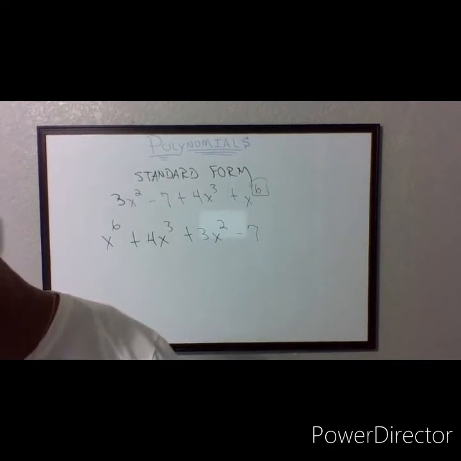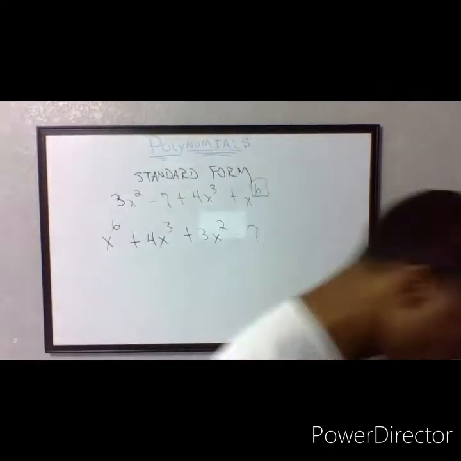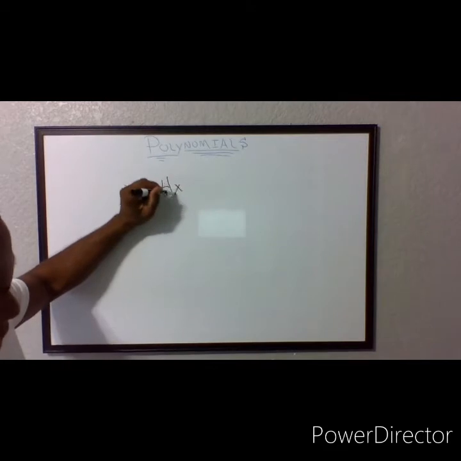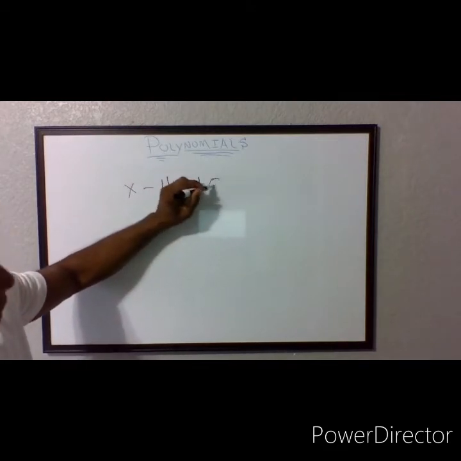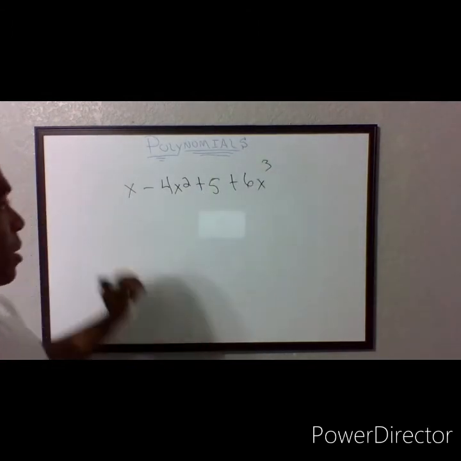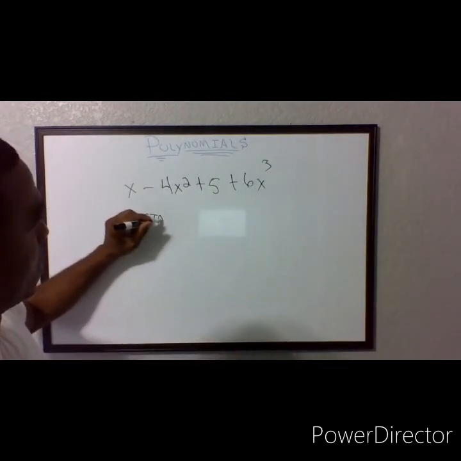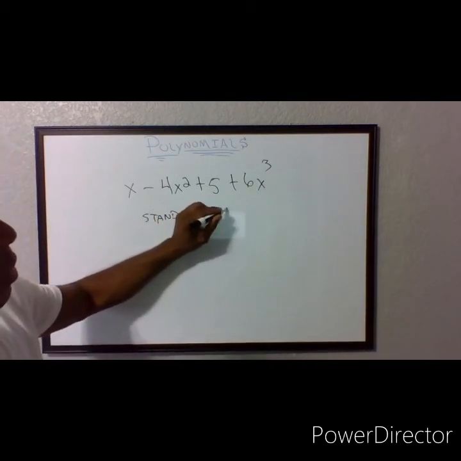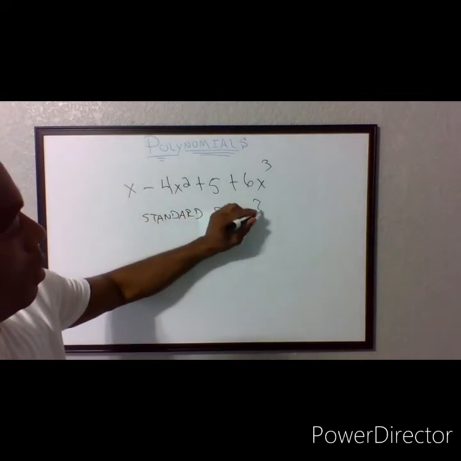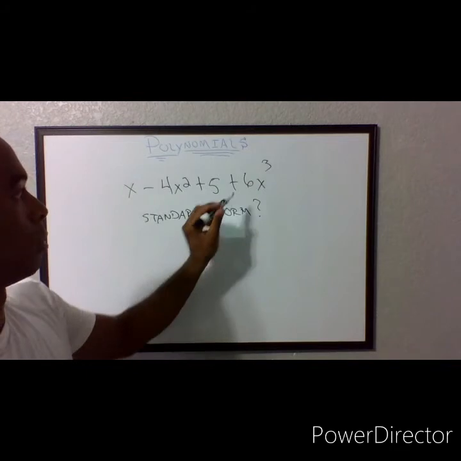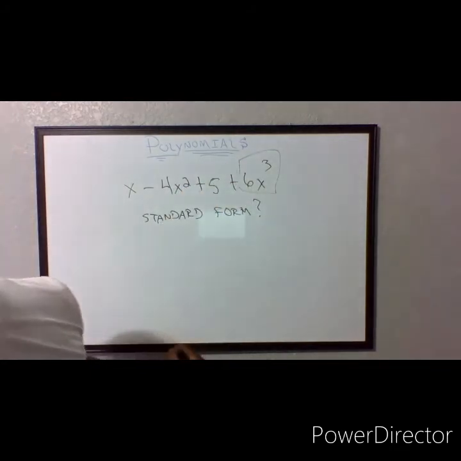Then I'm going to give you one more example: x minus 4x squared plus 5 plus 6x cubed. If we write this in standard form, the way it's supposed to be written, we start off with the highest degree, or the highest exponent, being 6x cubed.